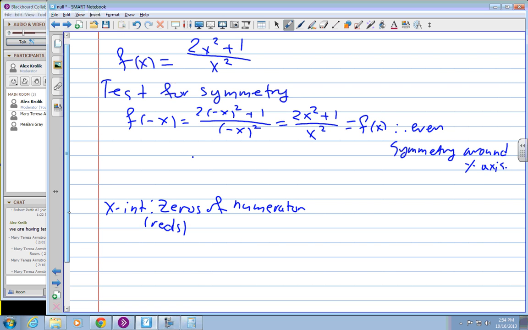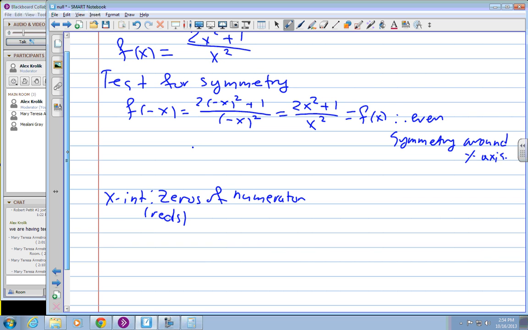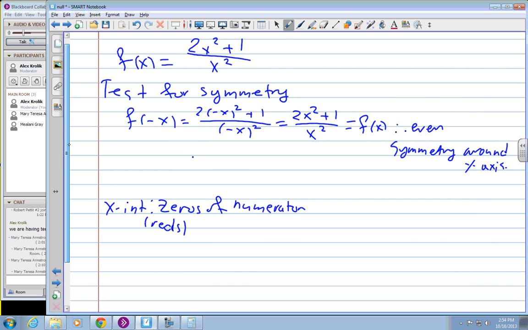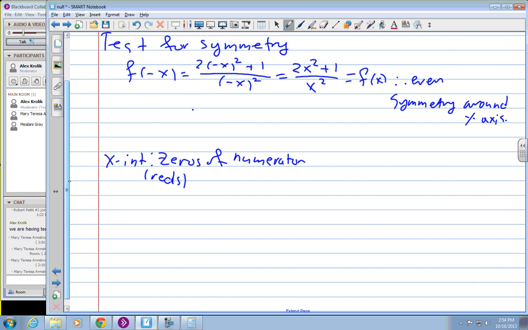But since the numerator is 2x squared, which is positive, plus 1, that's more positive, can the numerator ever be 0? 2x squared plus 1 equals 0. So that means x squared equals negative 1/2. So no real solutions. So that means no x-intercepts.